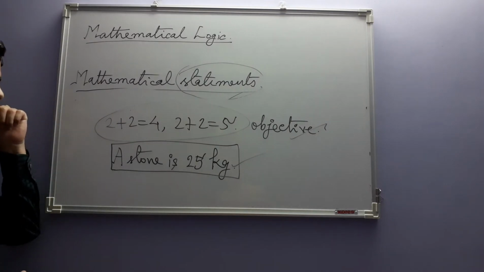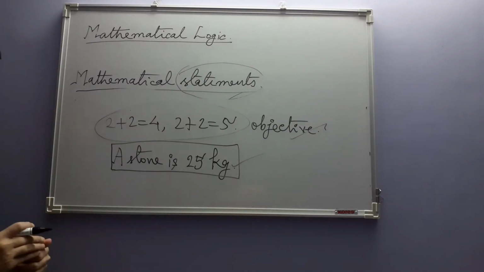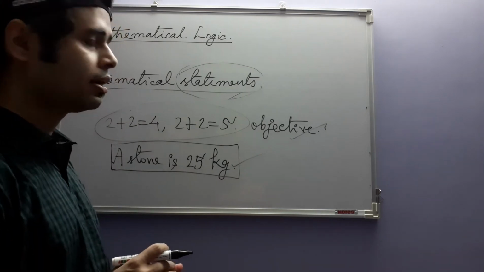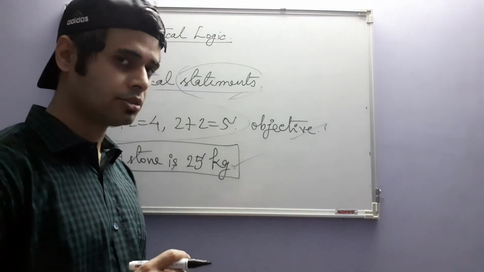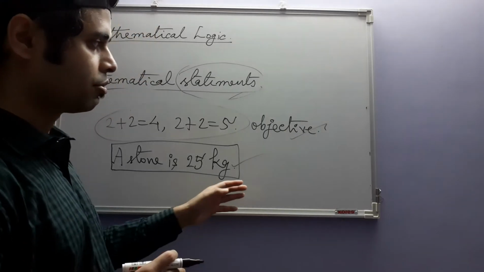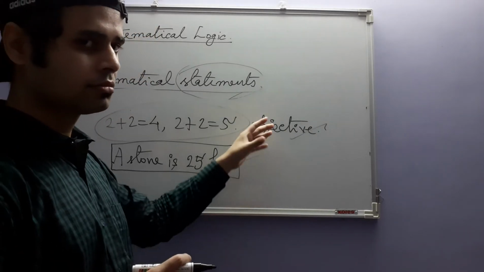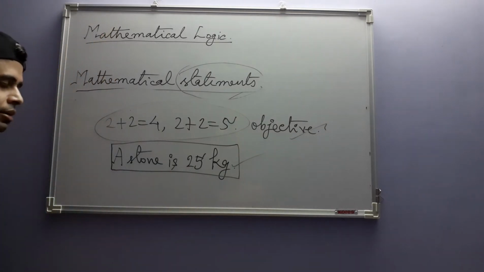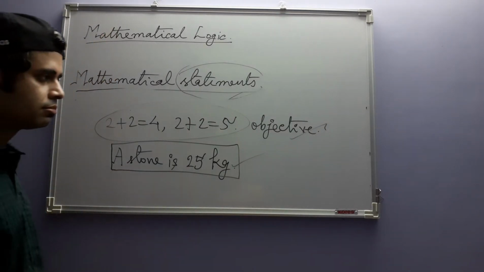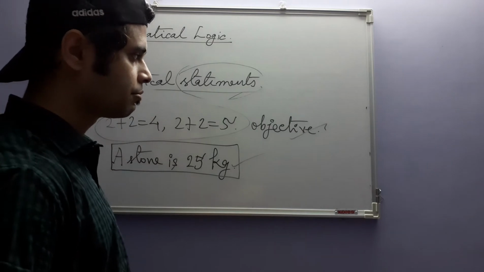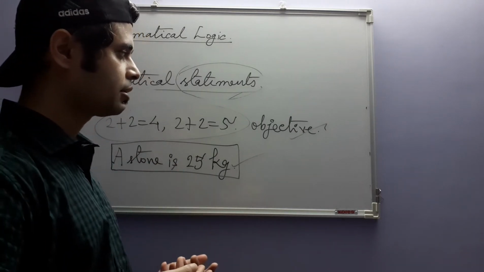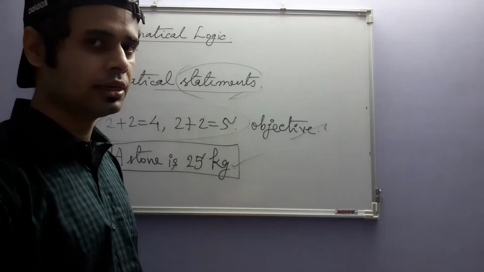Having said that, however, there have been some attempts at applying mathematical logic in those situations also. I mean, not in studying beauty, but in some situations where the things talked about are not exactly mathematical.